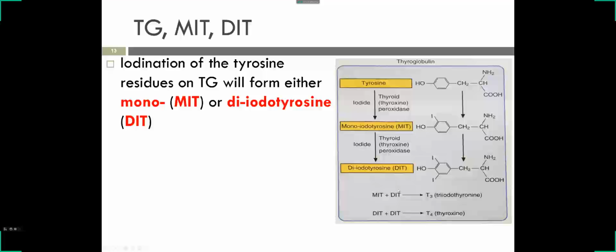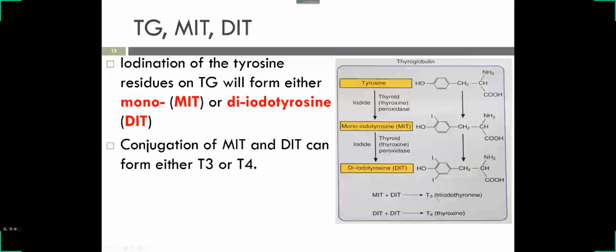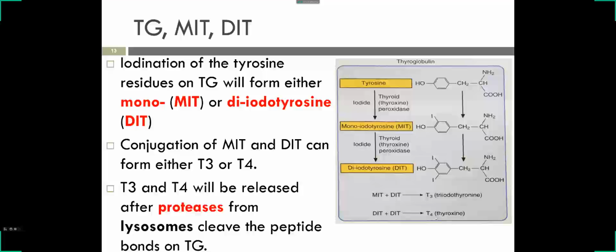And then from those, you can make your T3 via conjugation. You conjugate a MIT and a DIT together, and then you have T3, or you conjugate two DITs together, and you have T4. So these are the two forms that are then secreted.